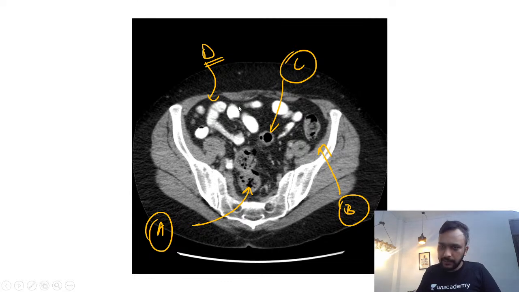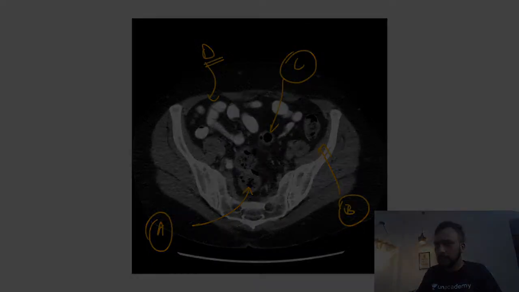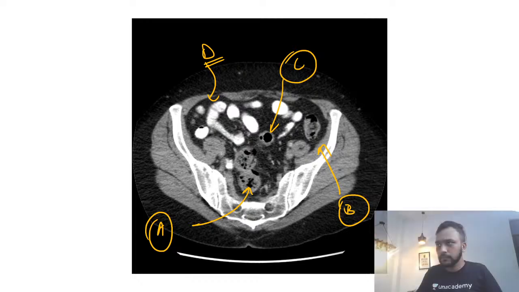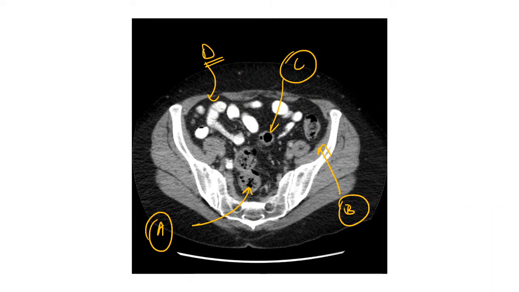Anyone, guys? A, B, C, and D. Try to label the structures which are being shown in this image.